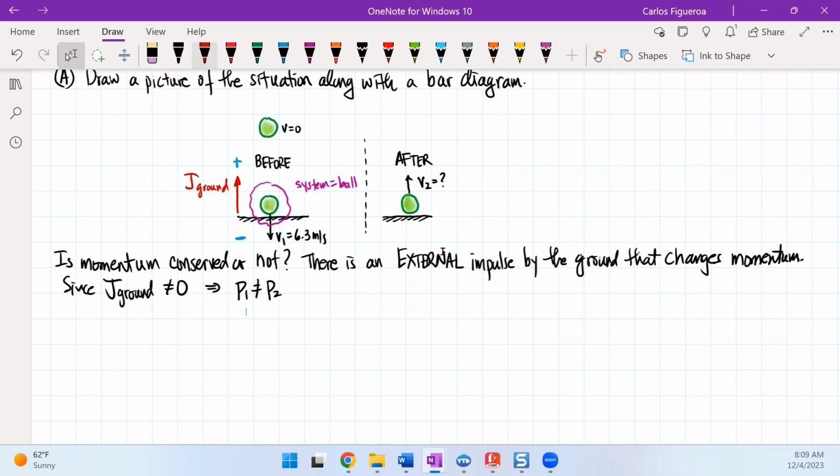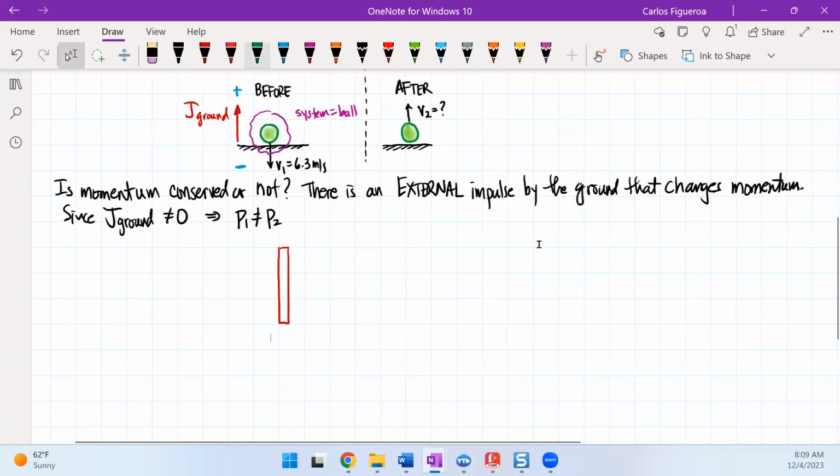So if I look at my bar diagram, I could imagine that I have a situation where I have, let's say, this amount of momentum. Excuse me, I was wrong. I should have started with the momentum, that this is the momentum coming in.